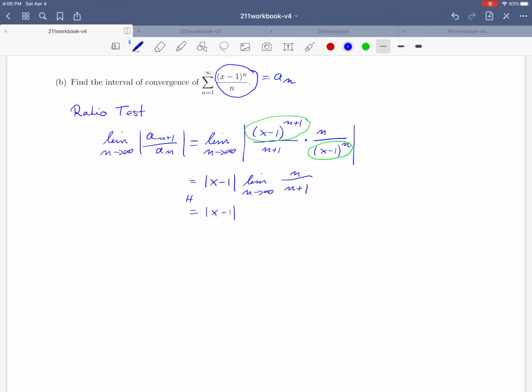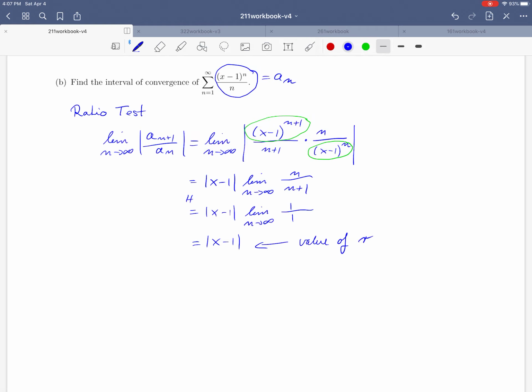Using L'Hopital's rule, I get the limit as n goes to infinity of the derivative in the numerator, that's 1, over the derivative in the denominator, that is also 1. And so my result is that this limit in the ratio test is just the absolute value of x minus 1.